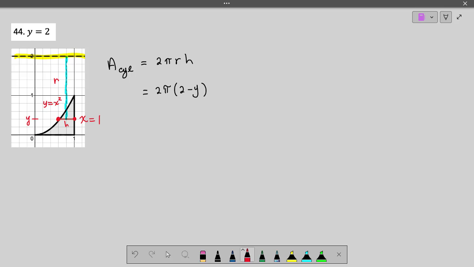So we take the square root of both sides. Now, whenever we initiate a square root, we get a plus or a minus. But we are in quadrant 1, so we should choose the plus. We're in quadrant 1, so x's are positive here. So we're going to take the positive square root of y. So that is the left x value.